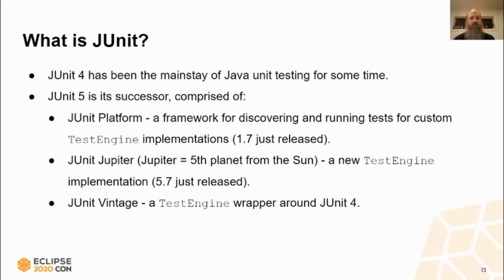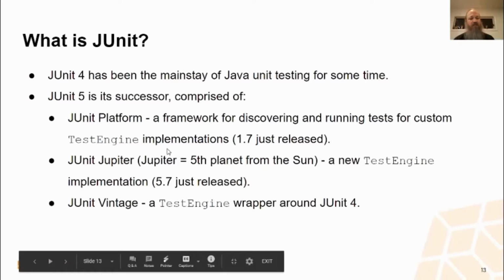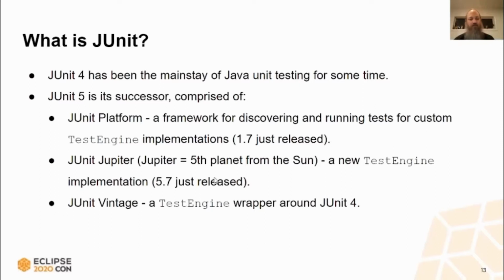The JUnit Vintage engine, let's see the last line there, is an implementation of a test engine wrapper around JUnit 4, and the JUnit Jupiter engine is the new engine, what most people think of when they think of JUnit 5, the new syntax and the extensions and everything that we have with JUnit 5. The JUnit platform architecture is very useful in that you can combine different types of test engine together in one test. It's helpful for migrating from JUnit 4 to JUnit 5, for example.